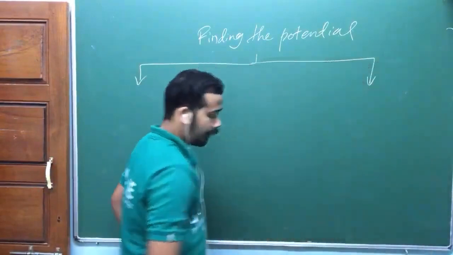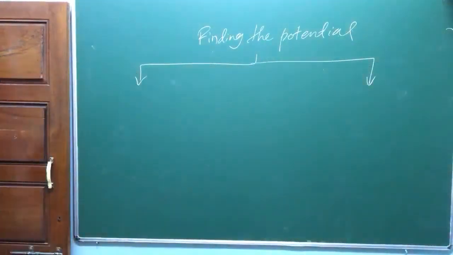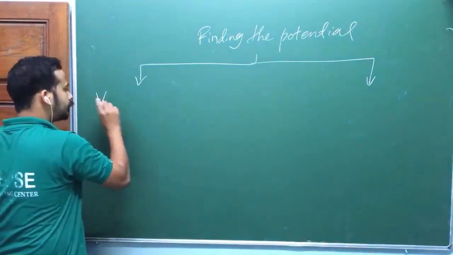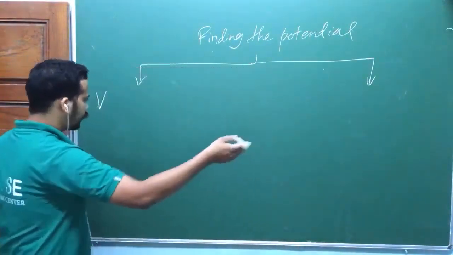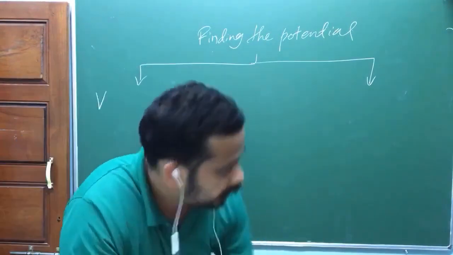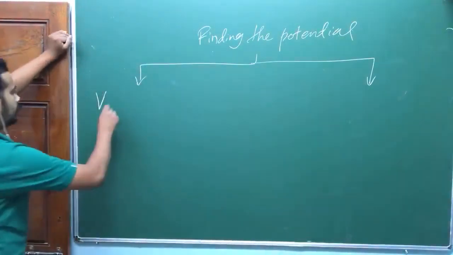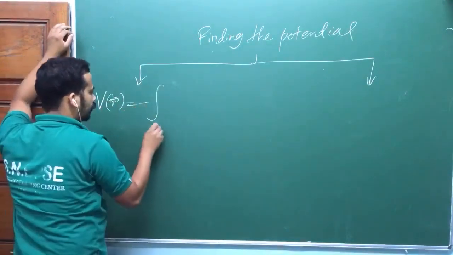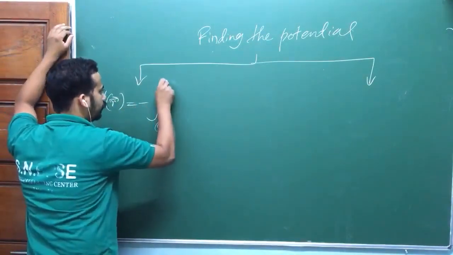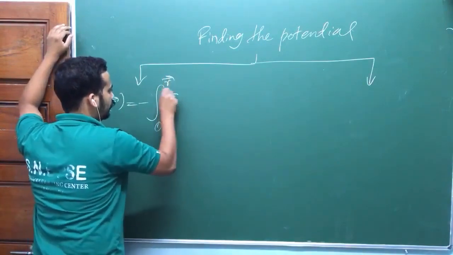Finding the potential, there are two ways. This is for exam. Potential at R is the integral from some reference point to R of E dot dl.